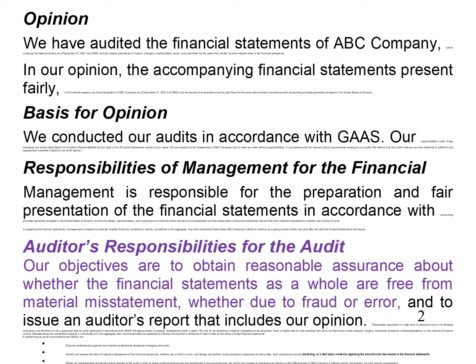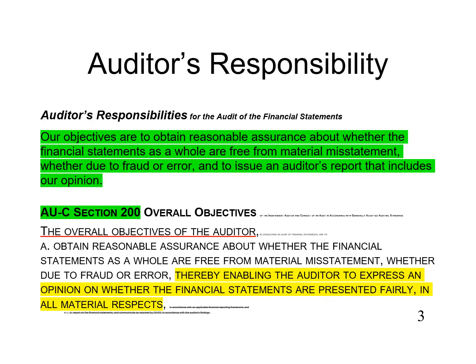Our opinion, auditor's responsibility to obtain reasonable assurance. Make sure we're aware that in the auditor's responsibility section of the audit report, our objectives are to obtain reasonable assurance about whether the financial statements as a whole are free of material misstatement, whether due to fraud or error. Up till that point, that's exactly word for word the same as AU Section 200.